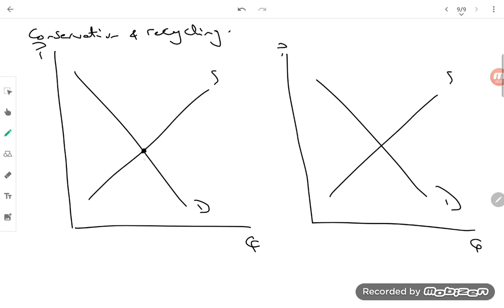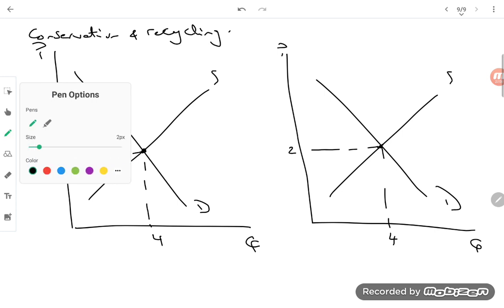So this is the equilibrium before imposing taxes. The quantity that will be produced is 4 million tons of any product, and the equilibrium price is 2.